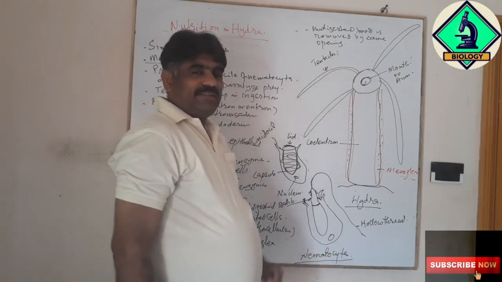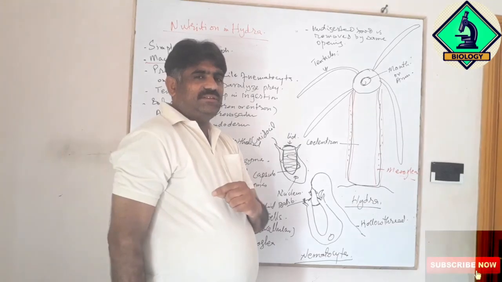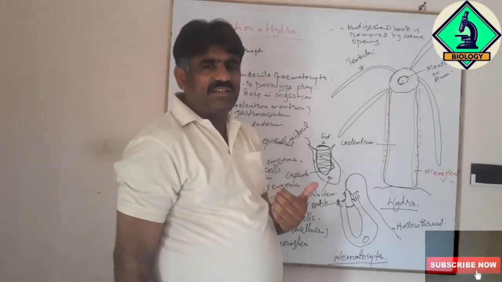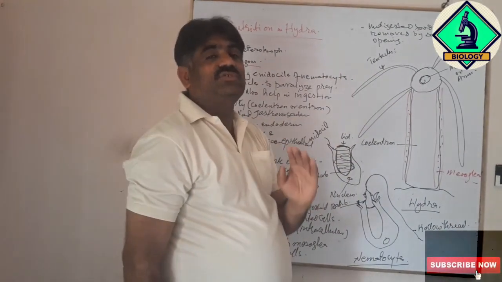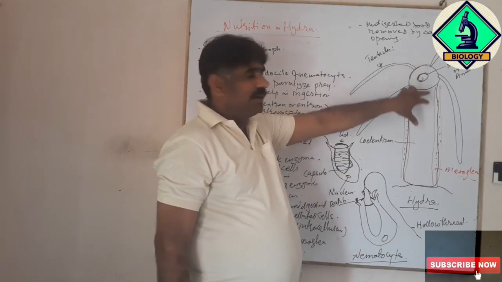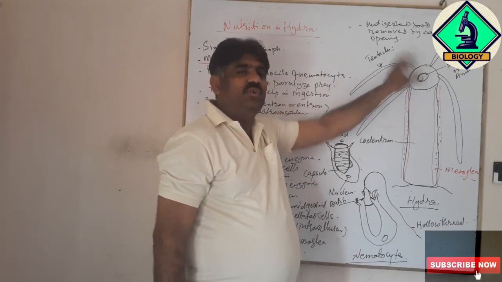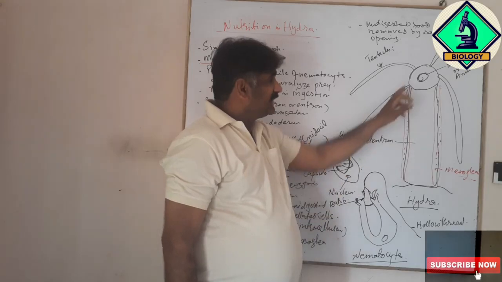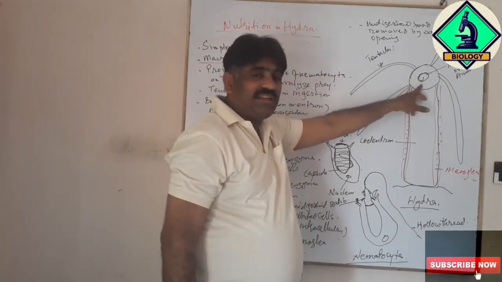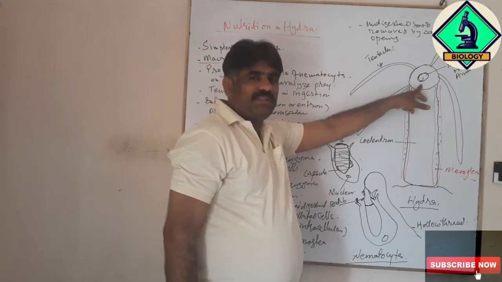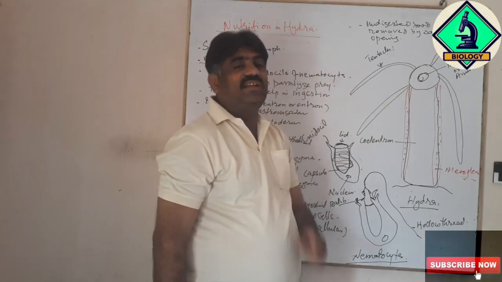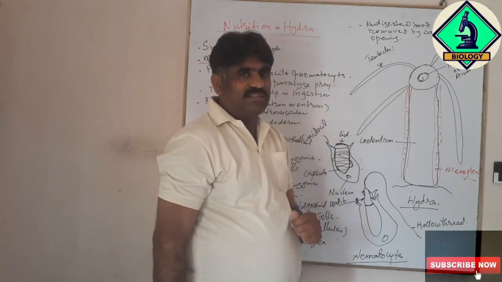This mouth opening also serves as the anus. It means the mouth is used for ingestion and the anus is used for egestion. Both jobs are performed by this one exterior opening, acting as mouth or anus, for ingestion as the first step of holozoic nutrition and egestion as the last step of holozoic nutrition.